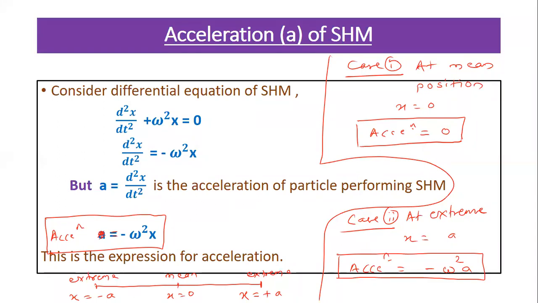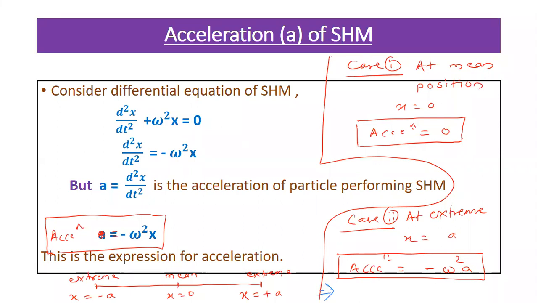Now note one thing here. Acceleration at mean is 0 and acceleration at extreme is minus omega square a. So the simple conclusion is that acceleration is maximum at extreme.